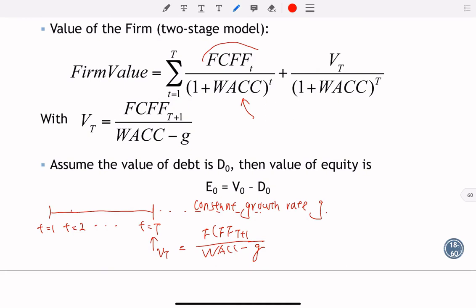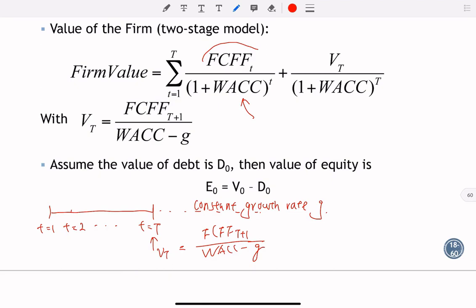And here, because we're valuing the firm's value, we would use different terms, right? Here we are using the free cash flow to the firm in the numerator, and we are using WACC in the denominator.